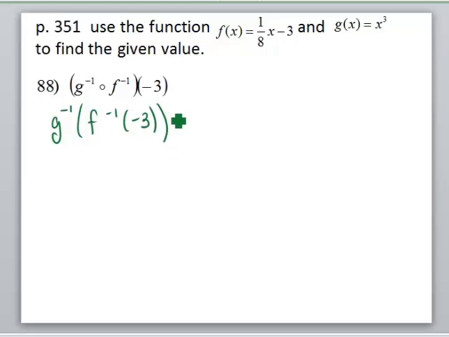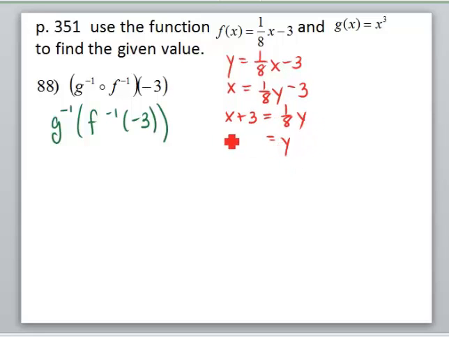Well, all I'm given is f and g, so I actually need to find the inverses. I'll do that by flip-flopping the x and the y values here. So I have x equals 1/8 y minus 3. I'll add 3 to both sides, and then I'll multiply by 8. And I end up with 8x plus 24.